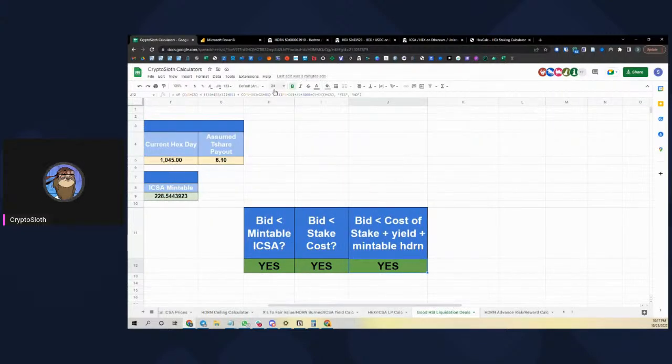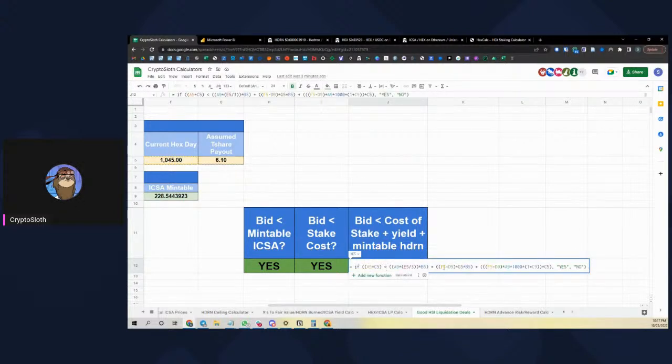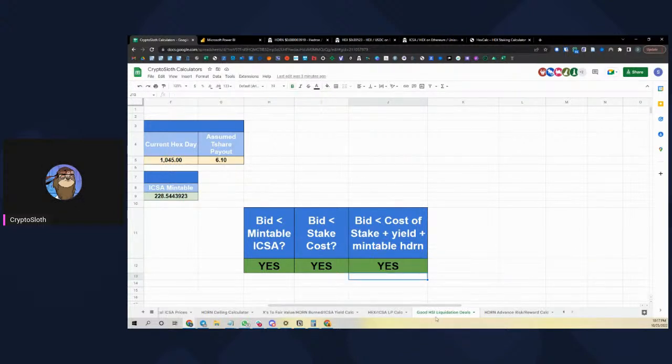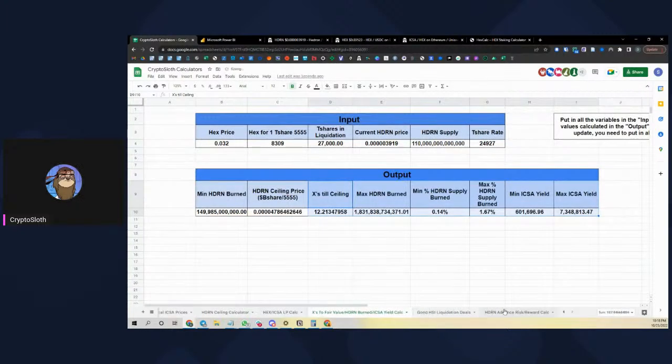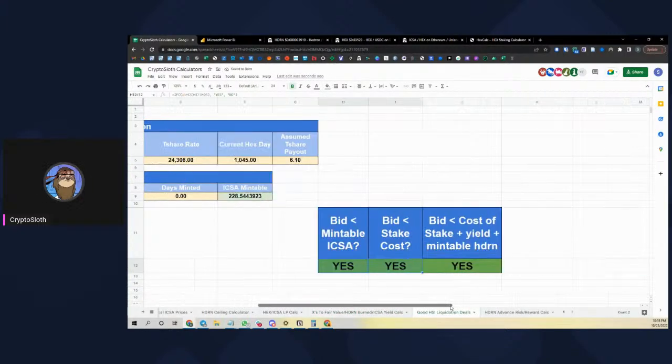You can see they're fairly long formulas in here that go through each of them. But if you want to know how it goes through on the back end, you can derive it all from this information yourself. This just gets it in a nice digestible format to tell you whether or not you're getting a good deal.